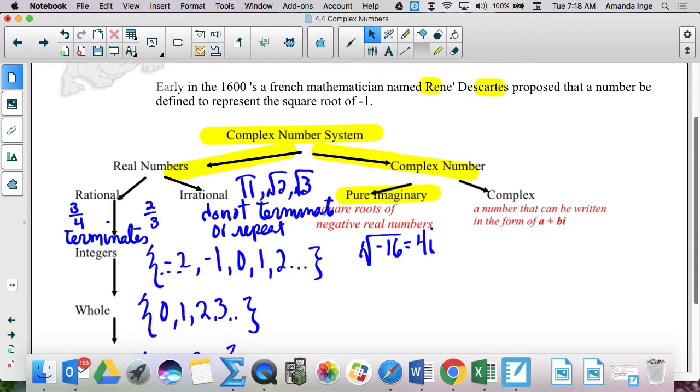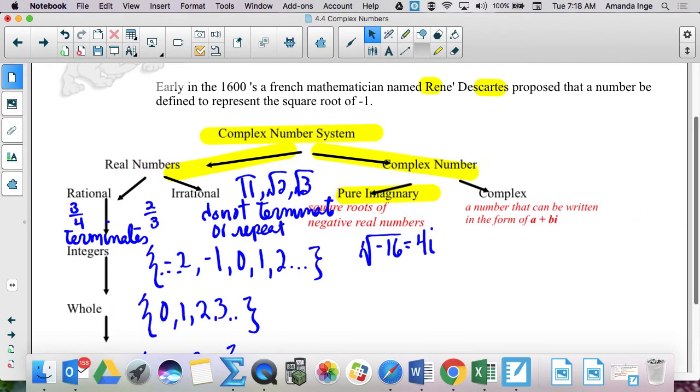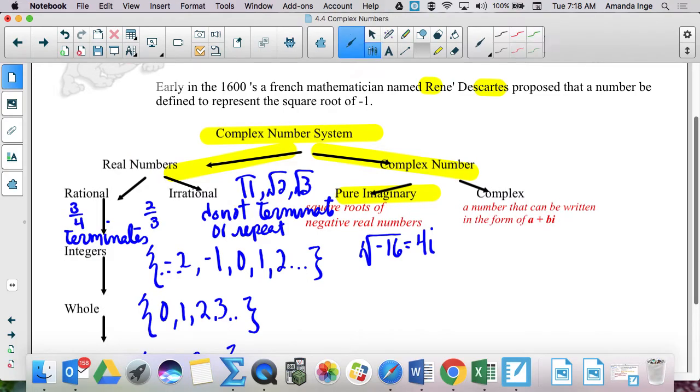We also have complex numbers, which are made up of an imaginary number and a real number. So they're represented by a plus bi, so it might be 5 plus the square root of -16, which could be written as 5 plus 4i.